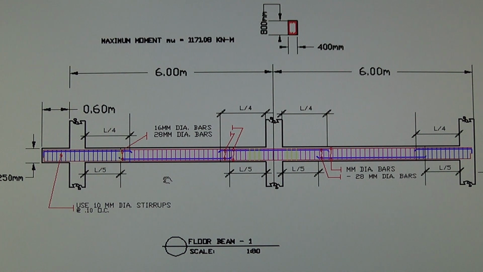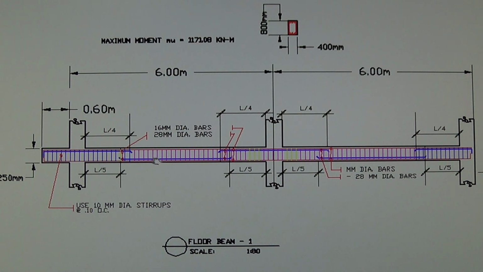But in this continuous beam, we have only one maximum moment to design the reinforcement bars, both the bottom bar, this one, and the top bar, this one. Usually top bars have more bars there.